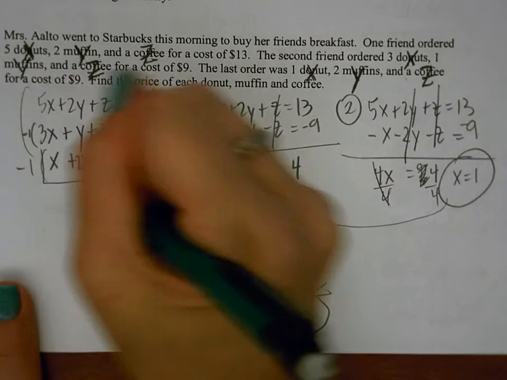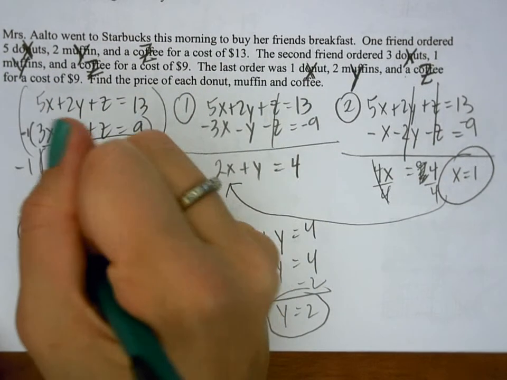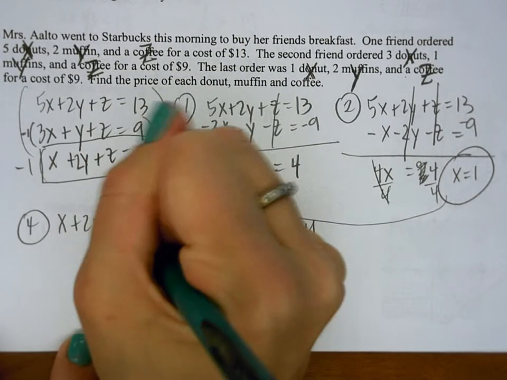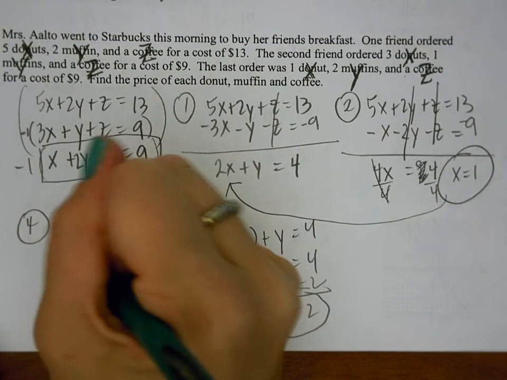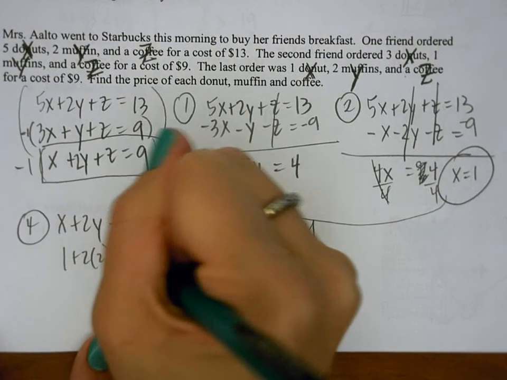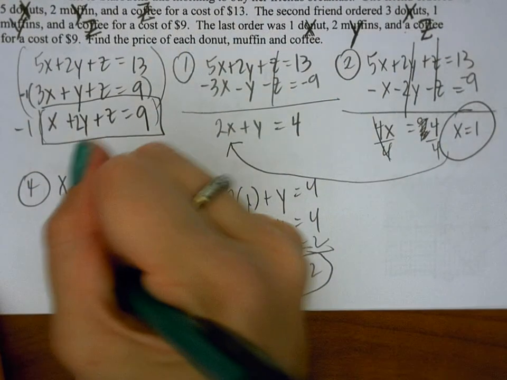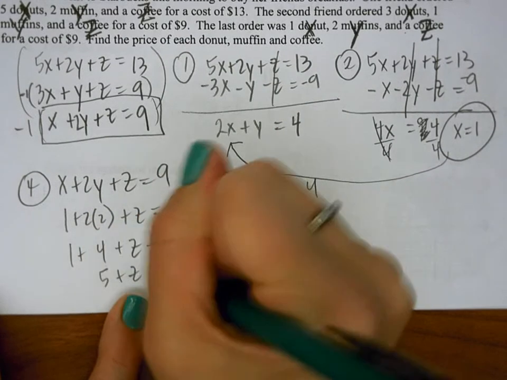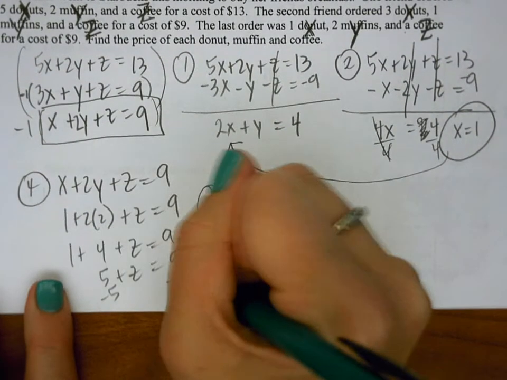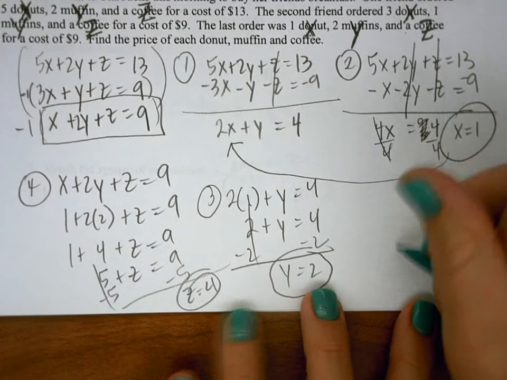So step 4, I have x plus 2y plus z equals 9. So that means I have 1 plus 2 times 2 plus z equals 9. 1 plus 4 plus z equals 9. 5 plus z equals 9, which means z equals 4. So my answer is 1, 2, 4.